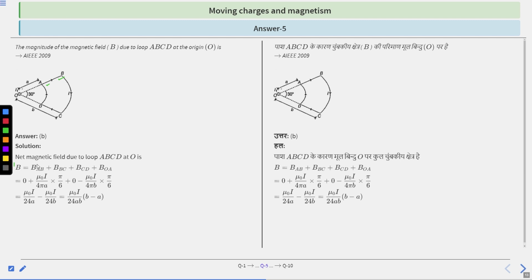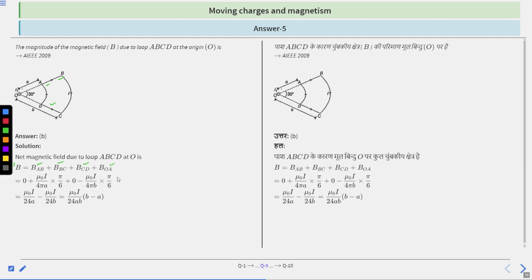After calculating all these terms and adding, the contributions due to the straight wires are 0, and the remaining terms for BC and OA are mu naught I divided by 4 pi A multiplied by pi by 6, and mu naught I divided by 4 pi B multiplied by pi by 6.